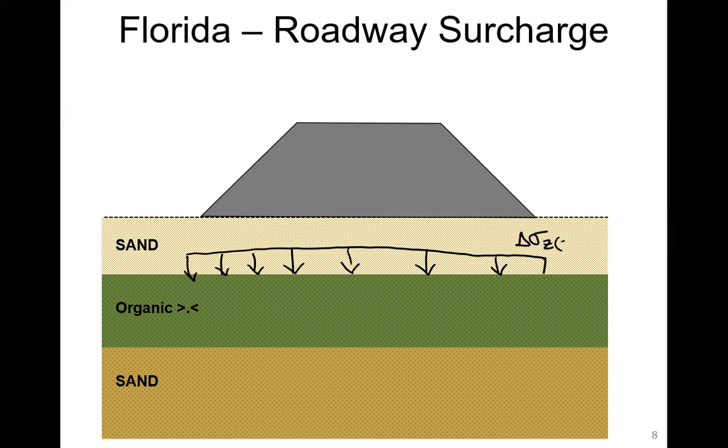But now this delta sigma Z is much greater than our original delta sigma Z if we were to just install the roadway right off the bat. So this is a much, much larger H. And remember last lecture, we talked about how to calculate the delta sigma Z due to a trapezoidal embankment like this. So you can see how they use it a lot.